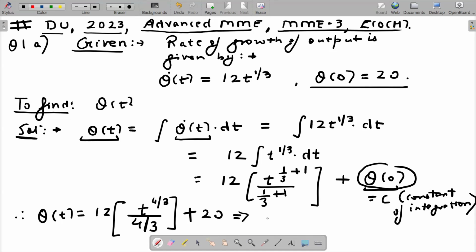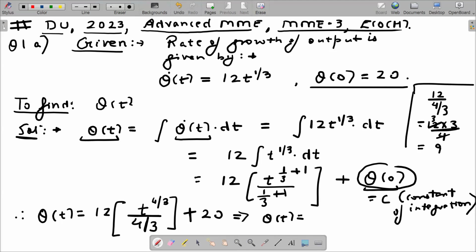So this implies Q of t is going to be 9, because 12 divided by 4 by 3, if I do this in rough, is 12 times 3 over 4. 4 cancels with 12, making it 3, and 3 times 3 is 9. So this is 9t to the power 4 by 3 plus 20. This is my answer for Q of t, that means the value of production at time period t.